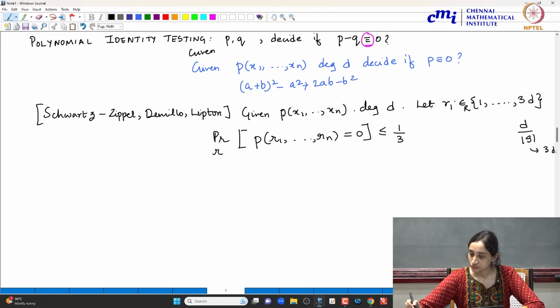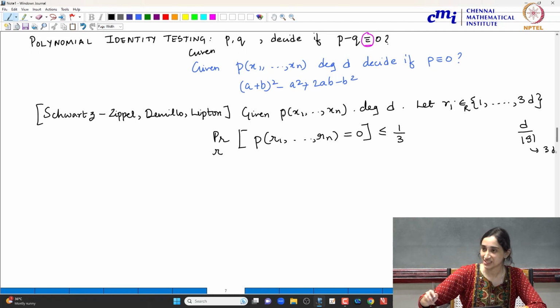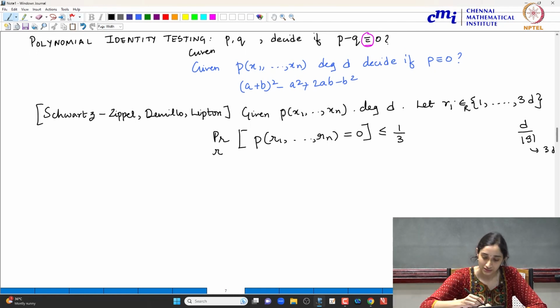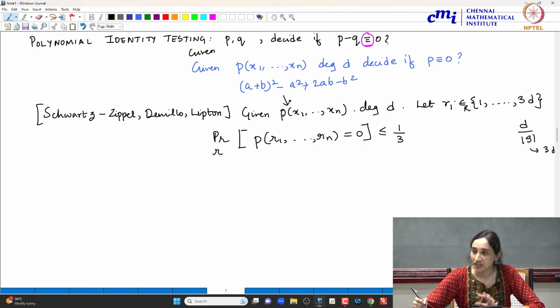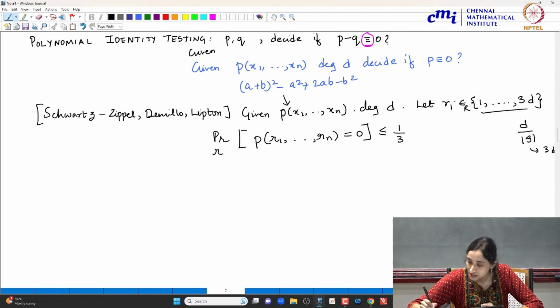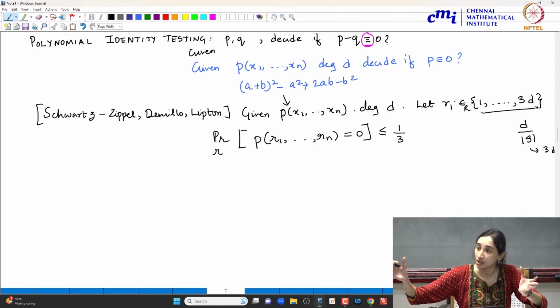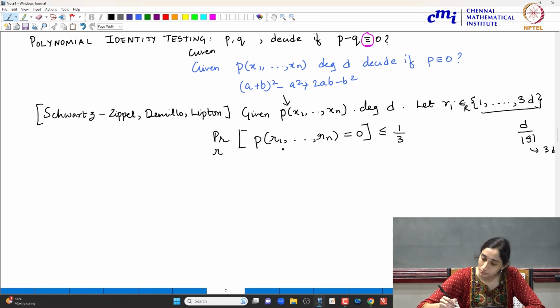We didn't take a specific value for S, but I have fixed this just to make it clear. So you are given a polynomial of degree D. If I pick a random point from this set, which is reasonably large compared to the degree, then the probability that the chosen point is actually a root is small.